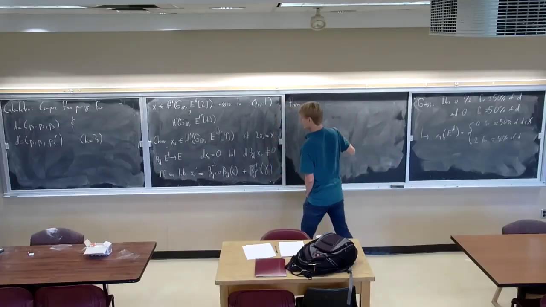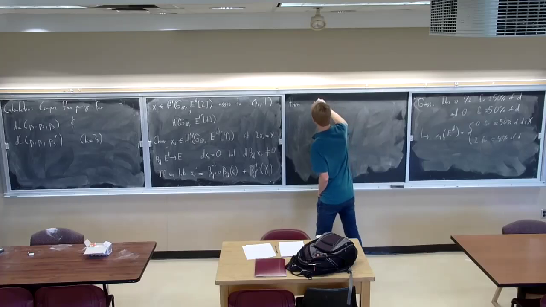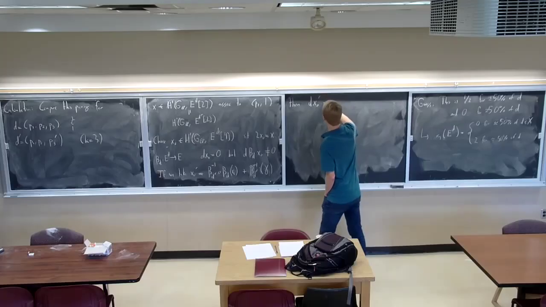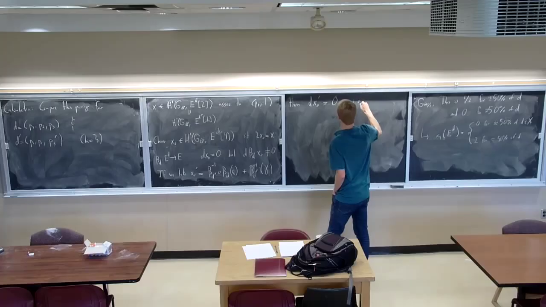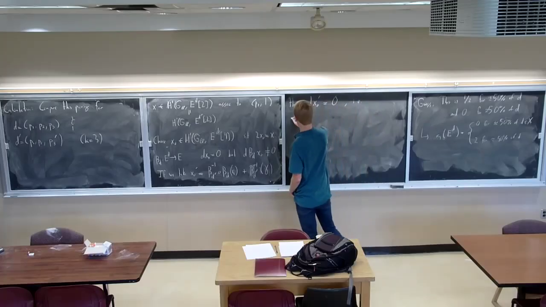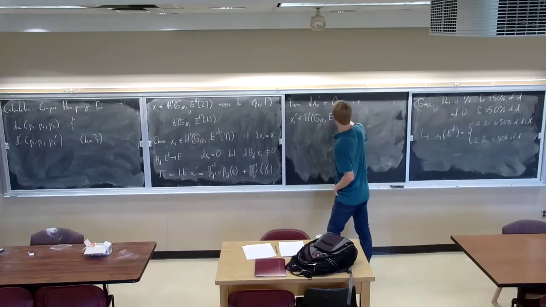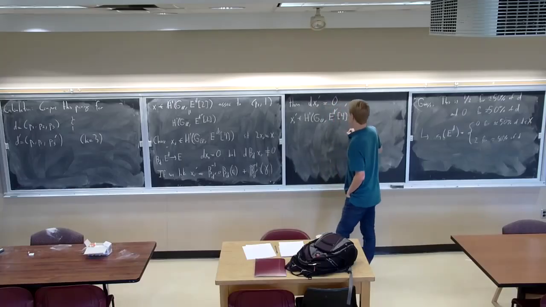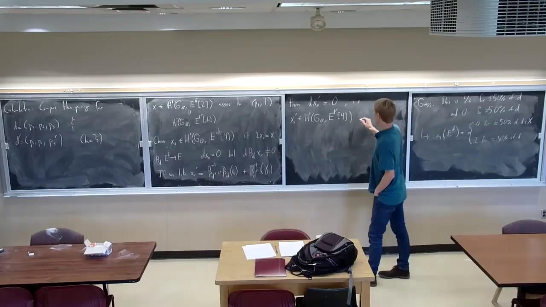under these circumstances, we have that dx naught prime is equal to 0, i.e. we have that x naught prime is a lift to H1 of G T ED prime 4, it's a lift of our element.